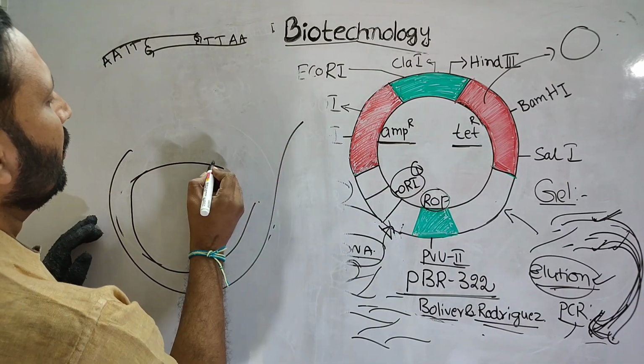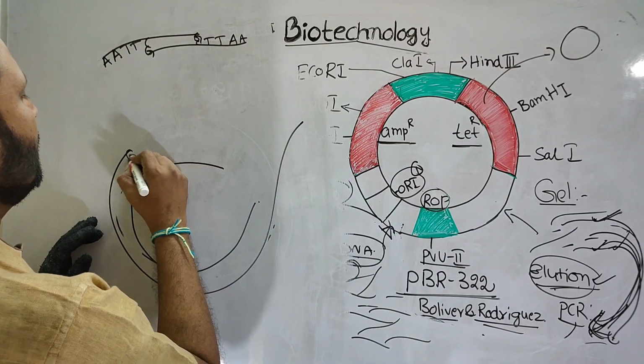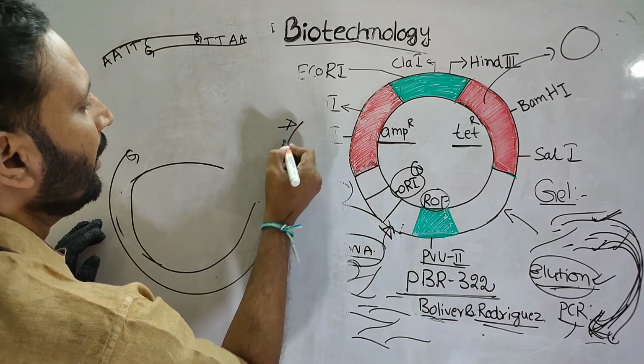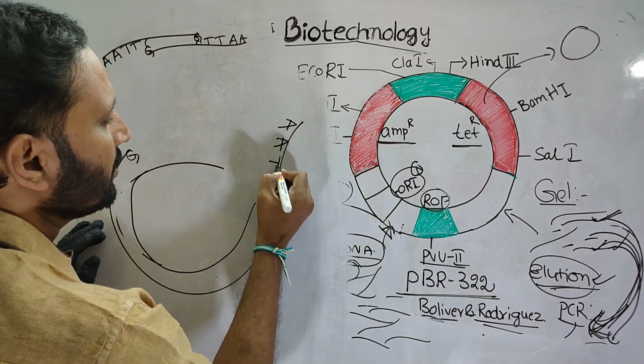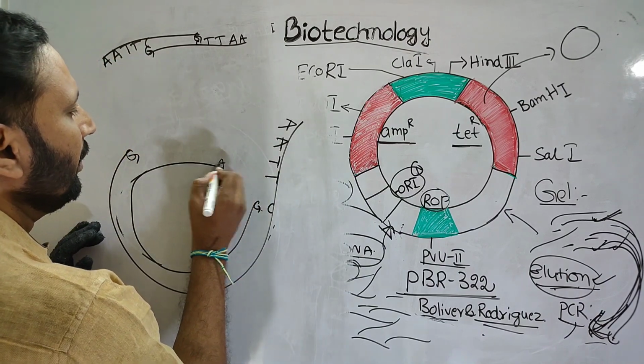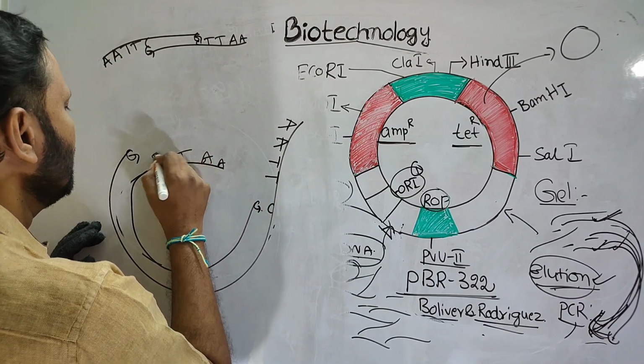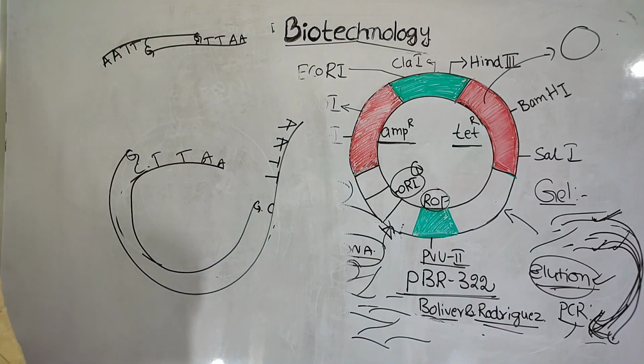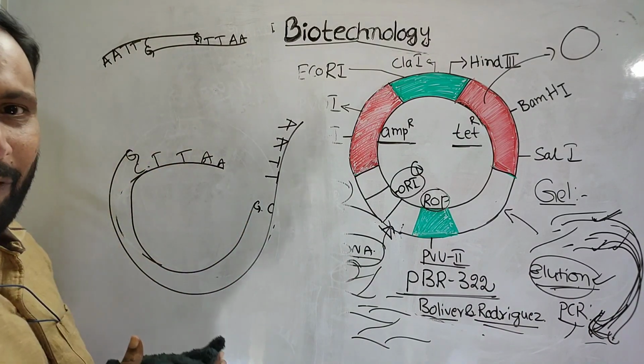Here you can see G, and it contains A, T, T, C. So now this is the vector.